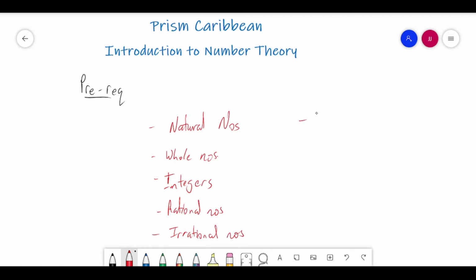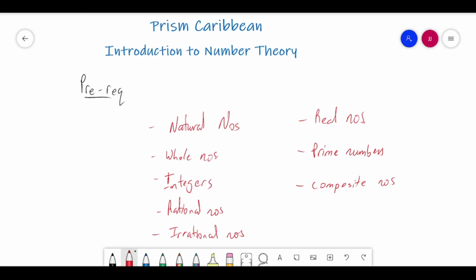We also need to know about real numbers, prime numbers, also composite numbers, and that should be it. If there's anything else, I will just add it on. So just go into a recap with all this.